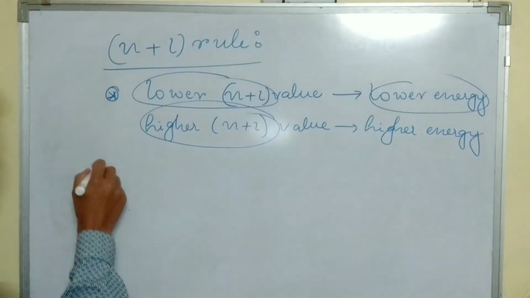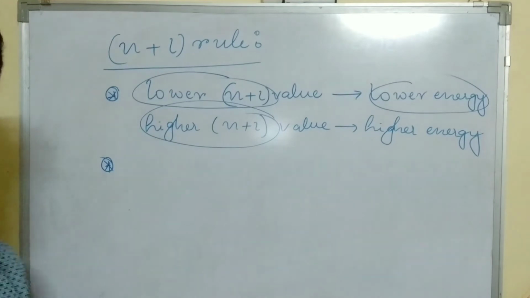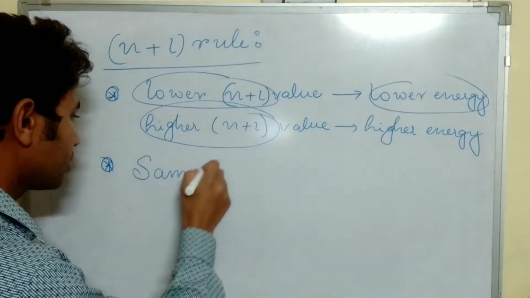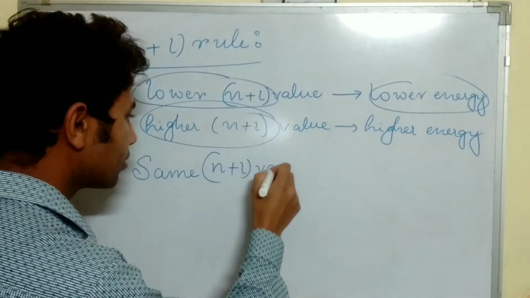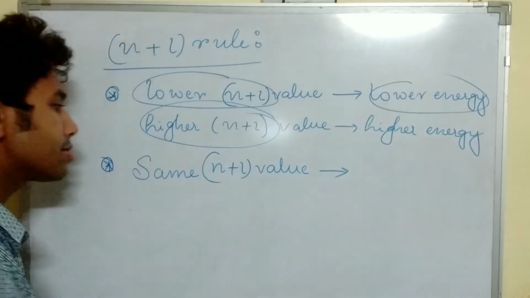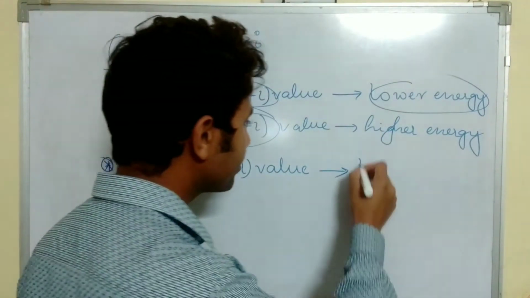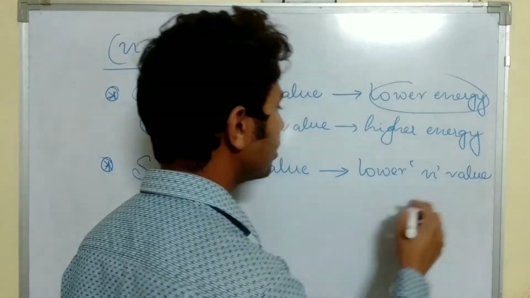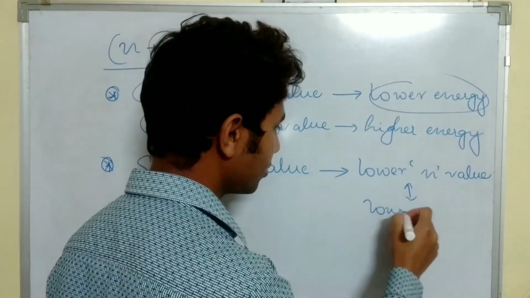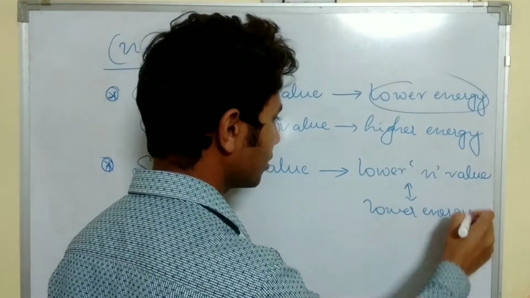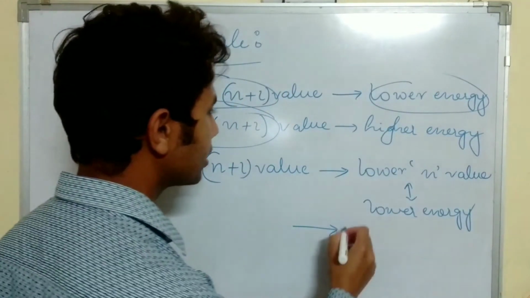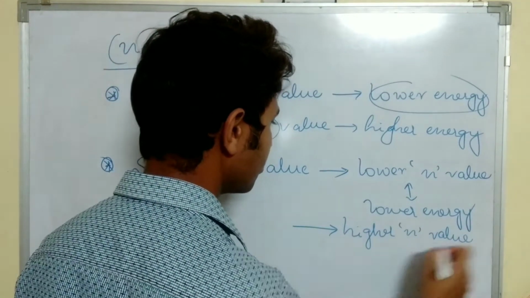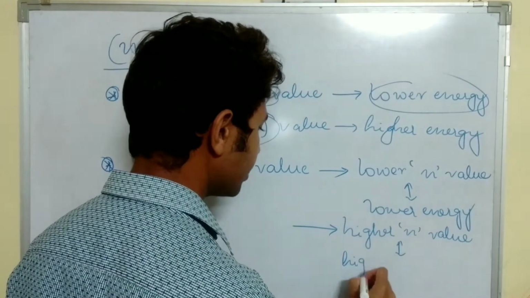Now if such a case arises where the n plus L values are the same, then in that case the orbital which has lower n value will have lower energy, and the orbital which has higher n value will have higher energy.